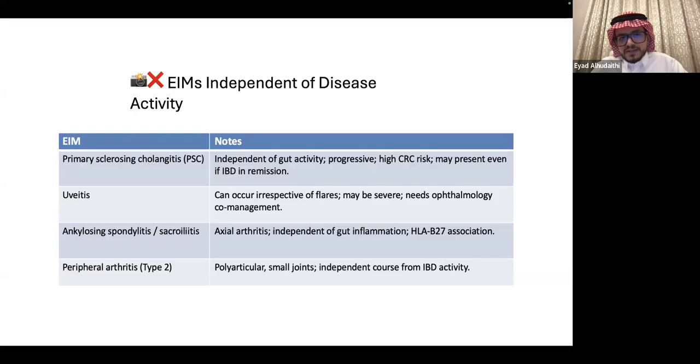On the other hand, the extraintestinal manifestations that are independent of disease activity are primary sclerosing cholangitis, uveitis, ankylosing spondylitis, and peripheral arthritis. And this is a common MCQ area, I guess.